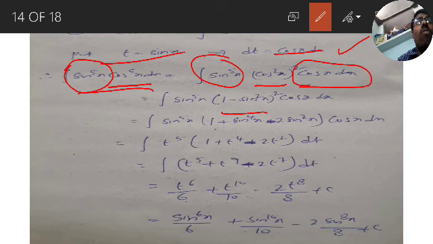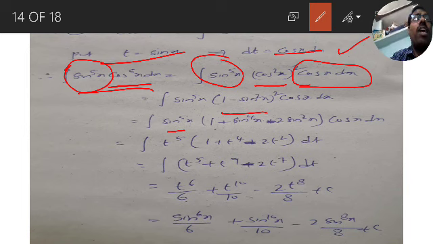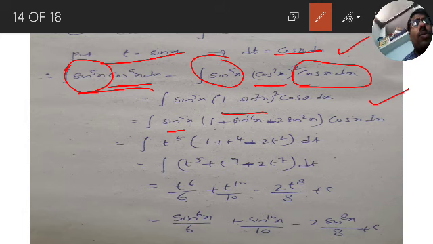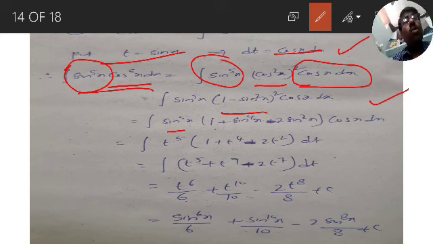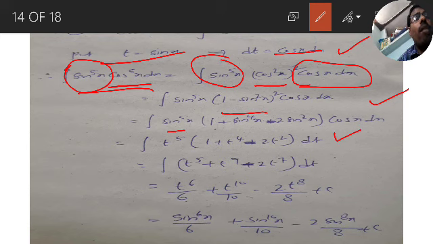So sin power of 5x into a minus b whole square, a square plus b square minus 2ab, that is 1 plus sin square whole square, plus sin power of 4x minus 2 sin square x into cos x dx. Now substitute sin x is equal to t and cos x dx is equal to dt. That becomes t power of 5 into 1 plus t power of 4 minus 2t square into dt.